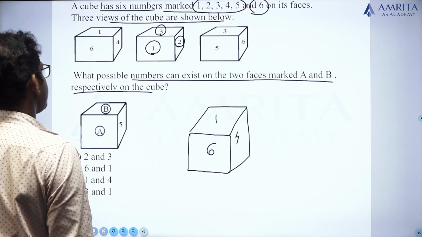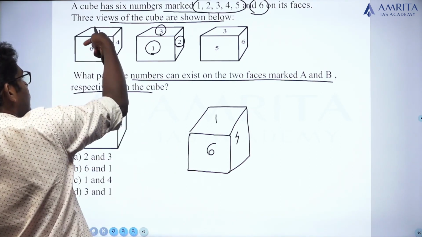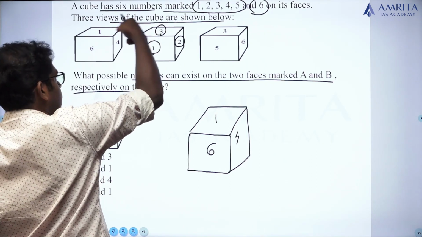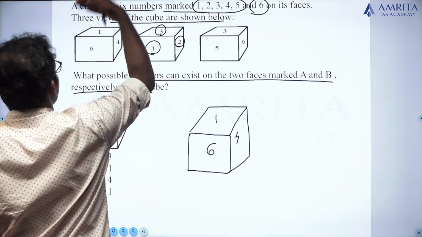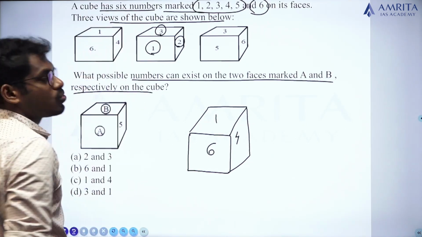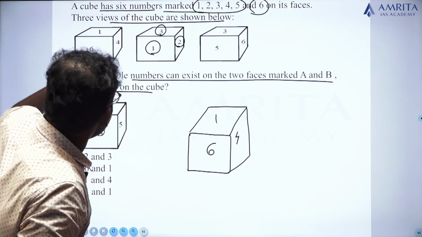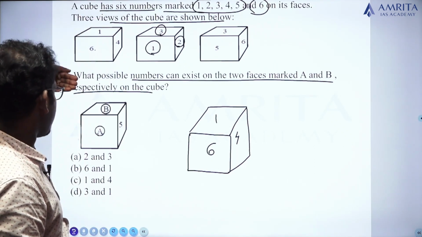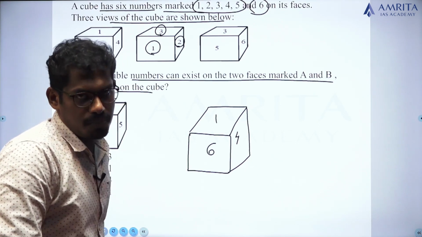Which means that if 1 is at the front face, then 3 becomes the top face, and 3 will be at the back face, that is opposite to 6.